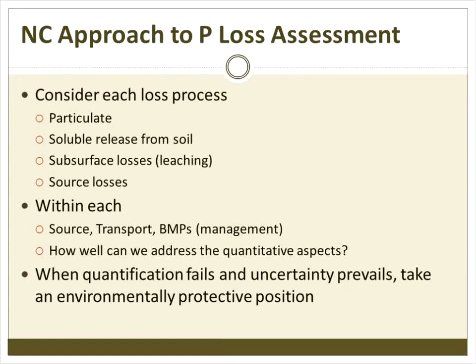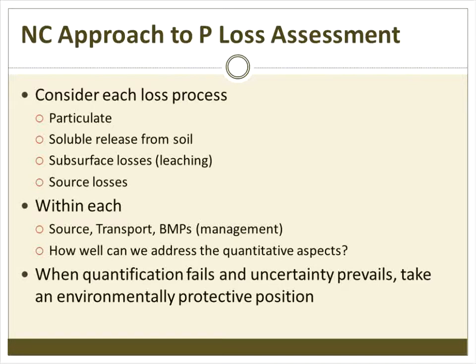This would either be fertilizer that's put on the soil or mixed into the soil, or manures that are put on the soil or mixed into the soil. These source losses occur when water runs off the soil from the field into the water resource of concern.